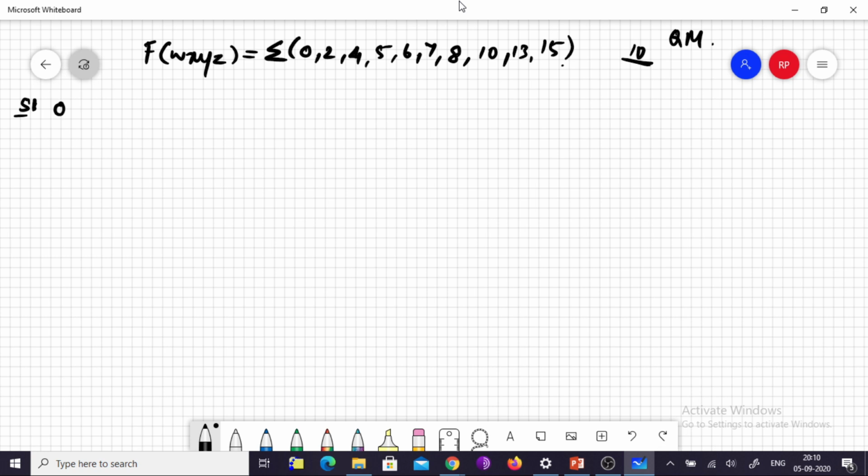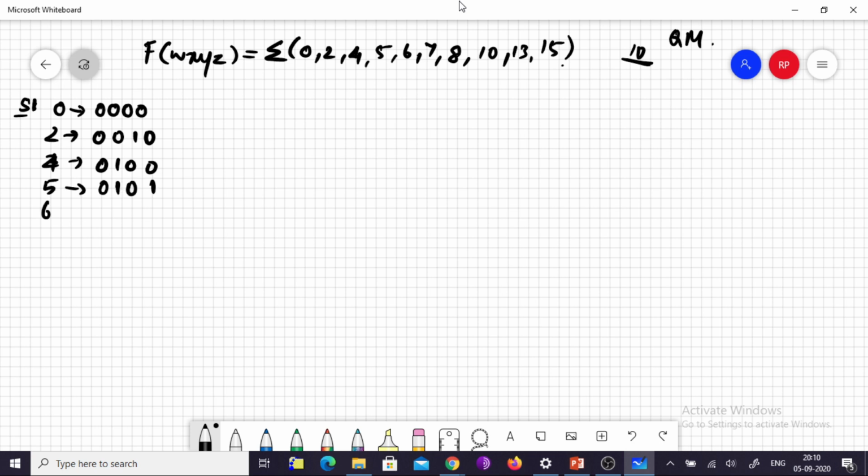The first minterm is 0. I'll write the binary equivalent of this, that is 4 zeros, because I have 4 variables here, so I limit my binary equivalent to 4 bits. Then I have minterm 2, which is 0, 0, 1, 0. Then minterm 4, which is 0, 1, 0, 0. Then minterm 5, which is 0, 1, 0, 1.